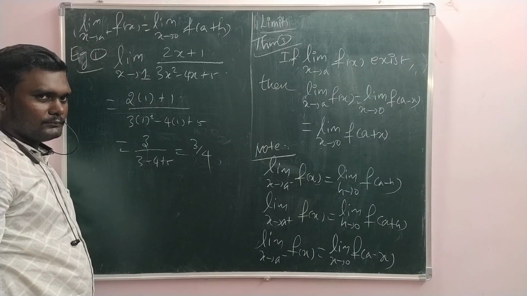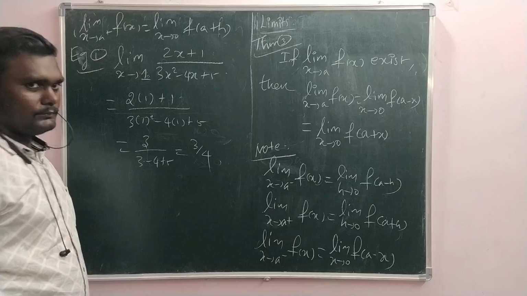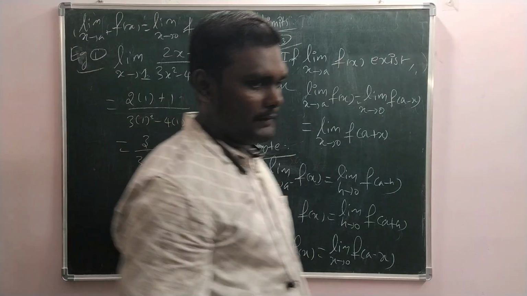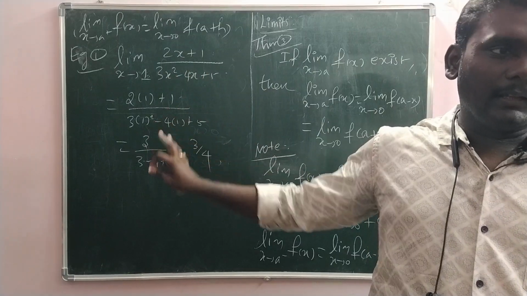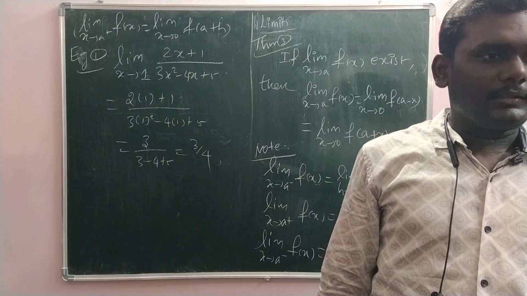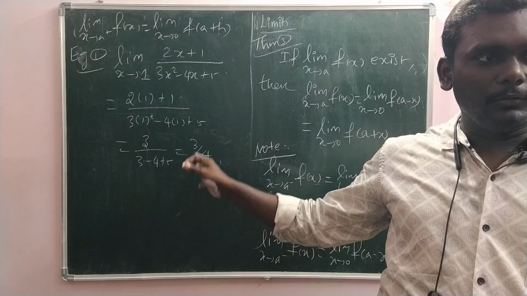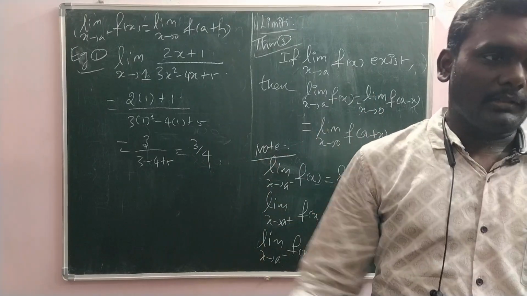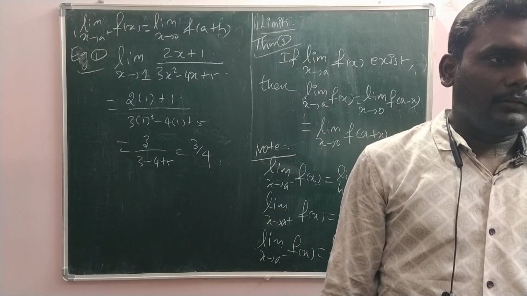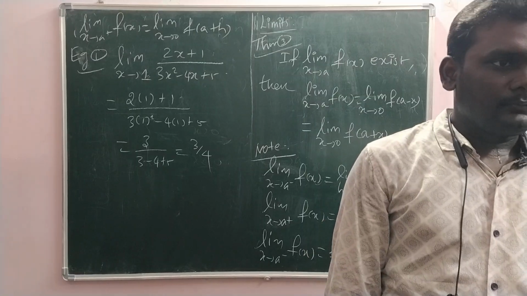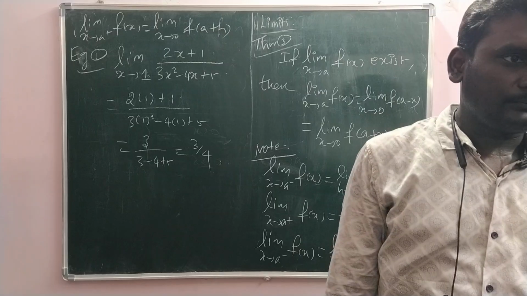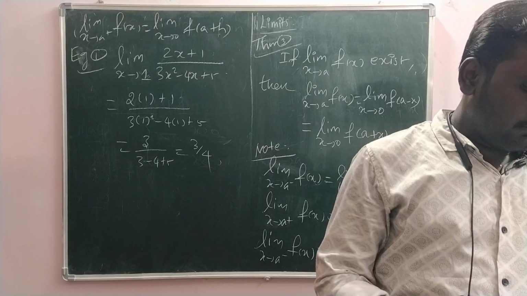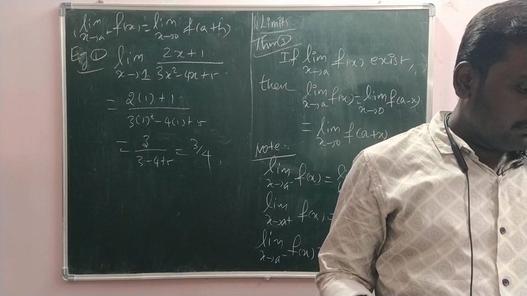Any doubts in this? Suppose when we substitute directly, the limit might not exist directly. In such situations, we might have to do some steps to find the limit. That is what this whole thing is about. There are more and more concepts.